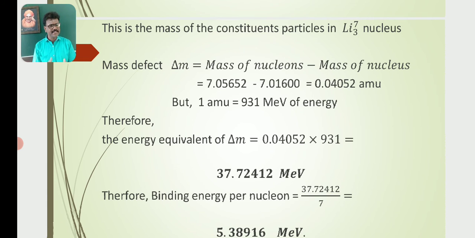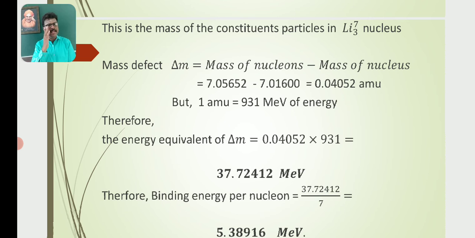After simplification, we get 37.72412 mega electron volt, where 37.72412 mega electron volt is the binding energy of lithium. That means the amount of energy required to bind all the nucleons within the nucleus.